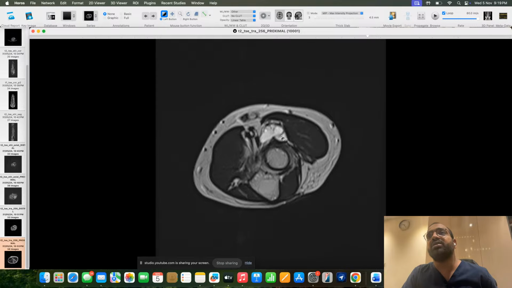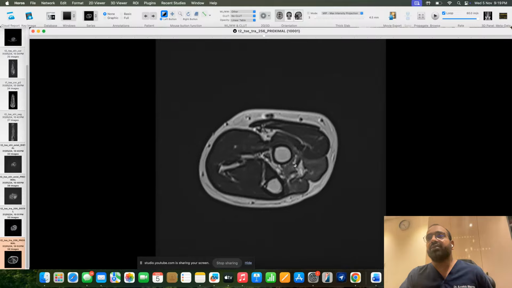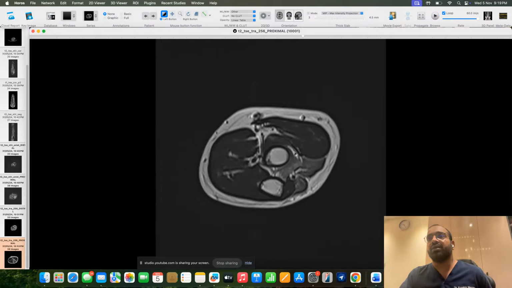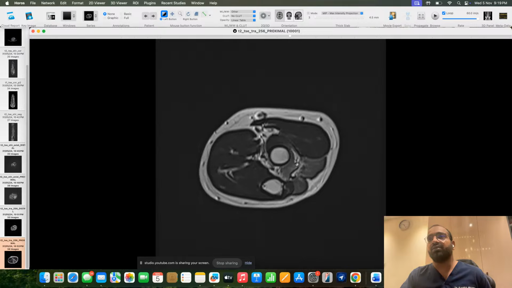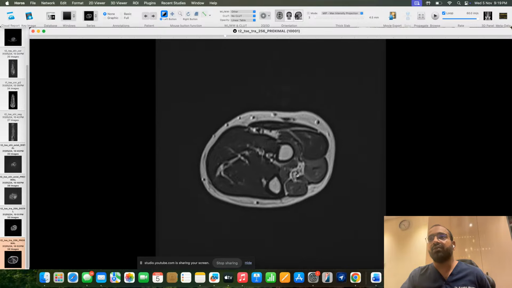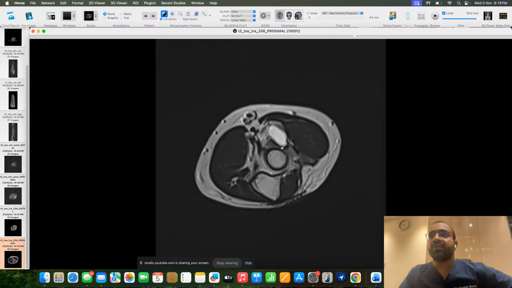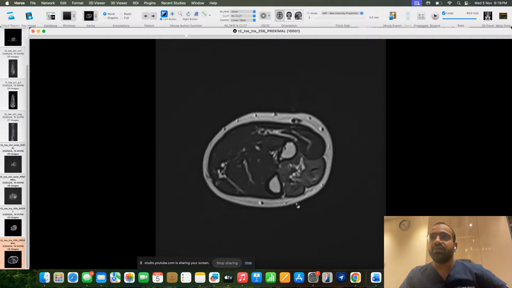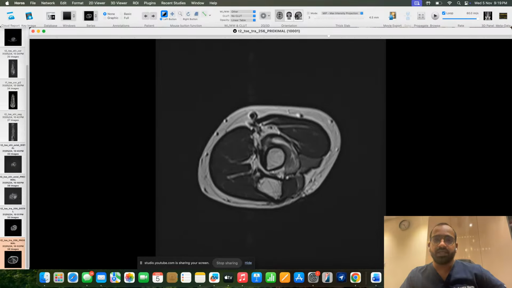Here it will give a branch that goes inside the supinator, pierces the supinator and goes into the posterior aspect of the forearm. So it should come here like this. If you can trace this track, it will follow. So this is the posterior interosseous nerve. It should go, and if you see here, this is the nerve again. So because of this ganglion cyst, there is compression over the posterior interosseous nerve, causing mild fatty atrophy and wrist drop in this case.